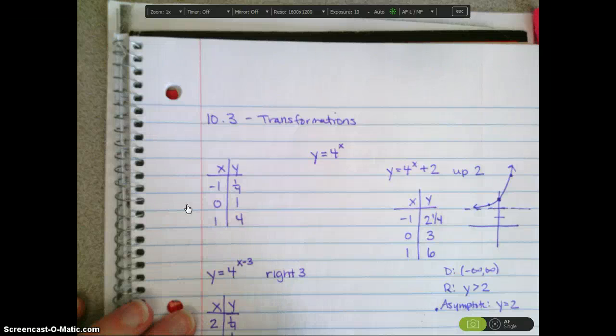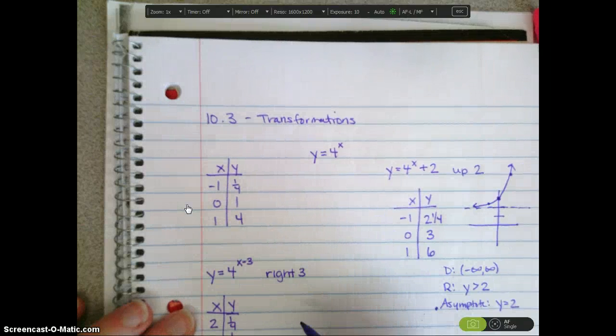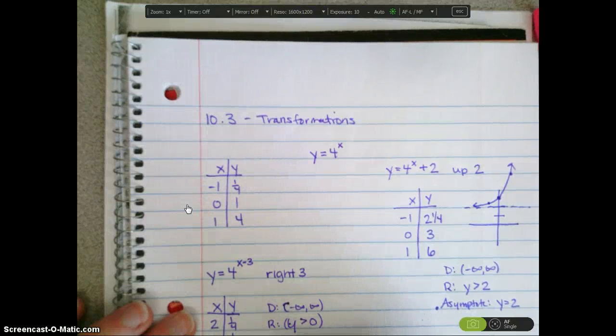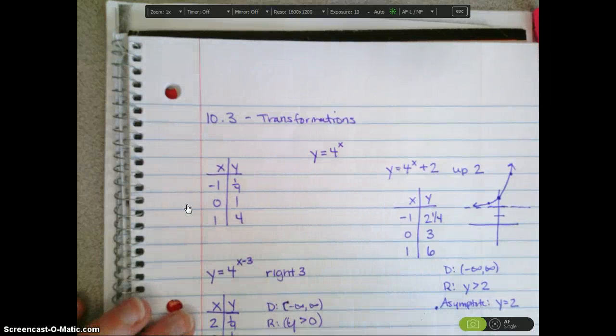The y values would not change. That means the domain doesn't change. It's still negative infinity to infinity. The range doesn't change, so it's still y greater than 0. And the asymptote doesn't change. It's still y equals 0. So when you shift right, it doesn't change any of those characteristics that we learned in 10.2.